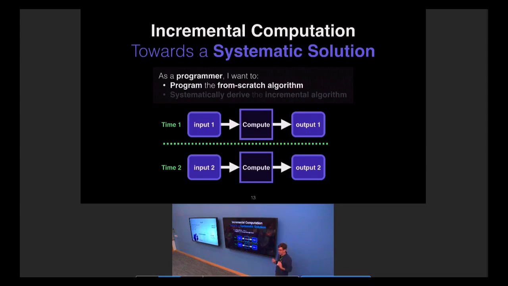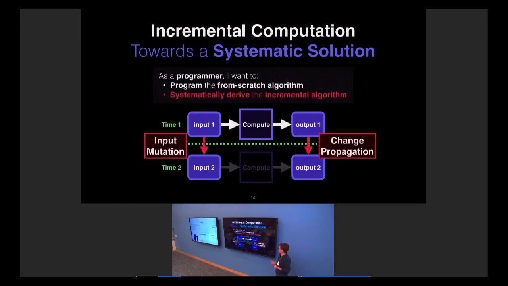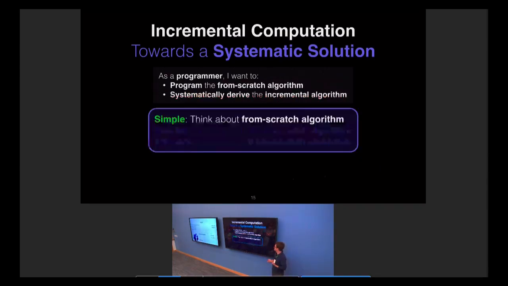I claim that as a programmer, which I do a lot of programming, I'm sure you all do too, I want to think about a from-scratch algorithm, not the algorithm that takes changes directly and reasons about changes directly. So somehow from that from-scratch algorithm, I want to derive the incremental behavior by using a change propagation mechanism of general purpose. That's the goal I have in mind.